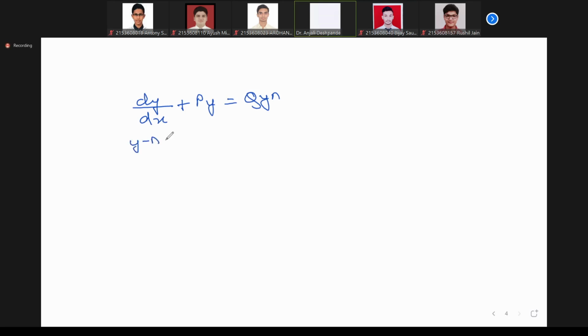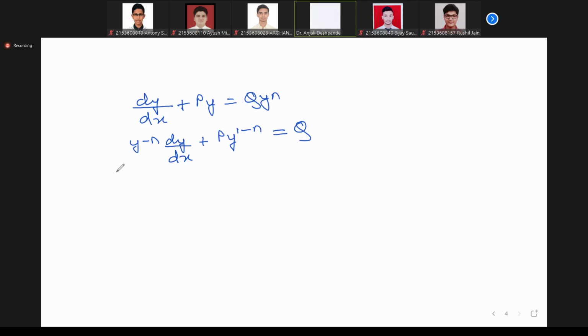That gives y raised to minus n dy by dx plus P y raised to 1 minus n is equal to Q. Is this part clear to everybody in the class? Students of division 1 and 6, is it clear to you what I did in this first step? Yes, ma'am. It's clear, no? Okay.